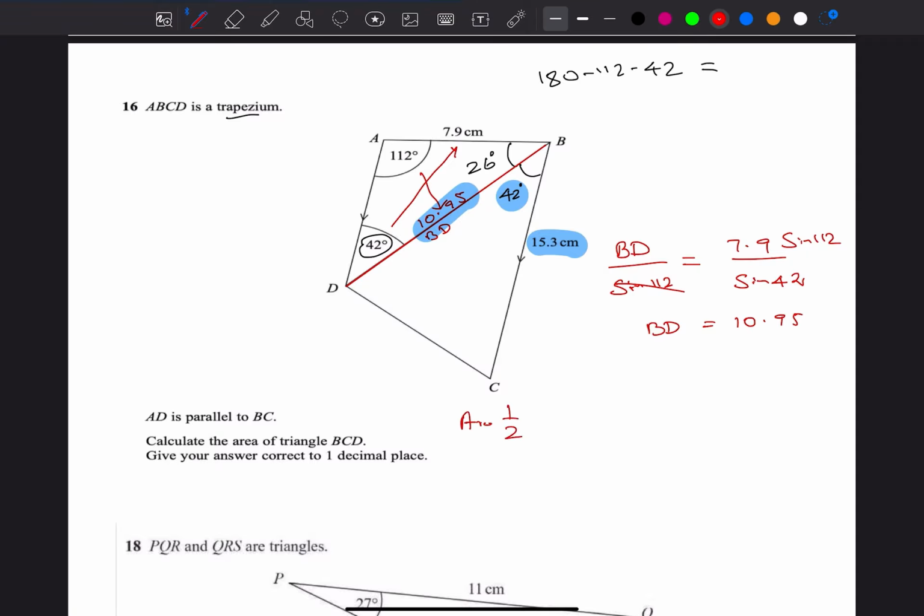Area is half, AB is what? 10.95 times 15.3 times sine 42, which makes it 56.1, to 1 dp. 56.1. If you got 56 because you did it to 1 decimal place, it's still okay.